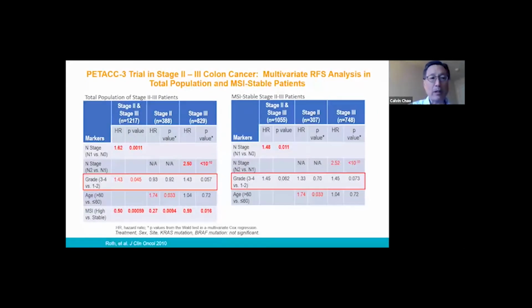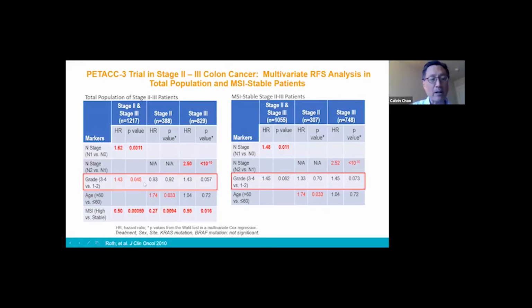And if we look more closely at the PETACC-3 trial, which was a trial of irinotecan in stage 2 and stage 3 patients, let's take a look at the factors that came out most significant in all patients on the left. You can see that N stage, whether it's N1 versus N0 or N2 versus N1, were of course highly significant and important determinants of risk, as was the MSI status down at the bottom.